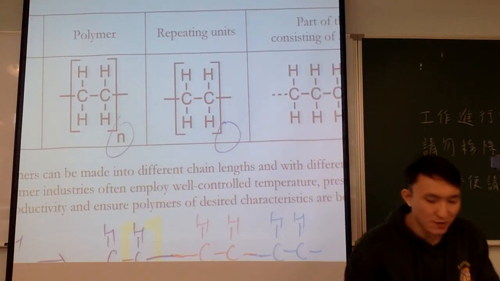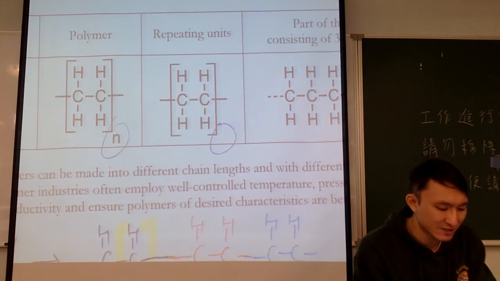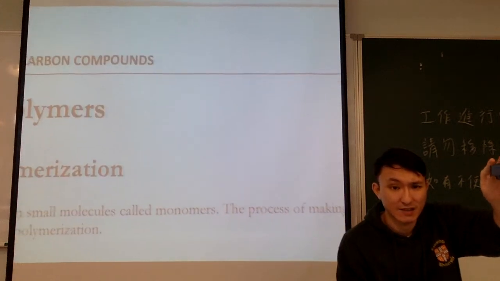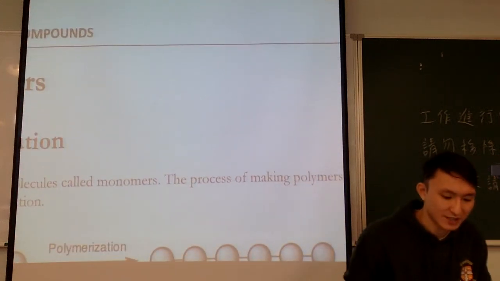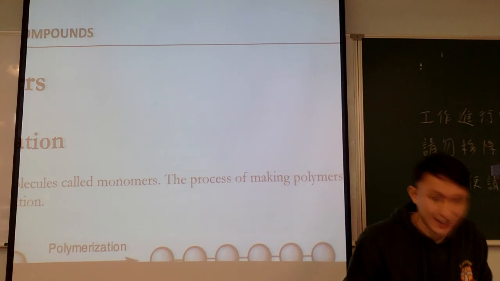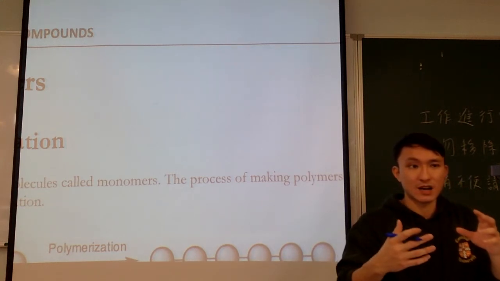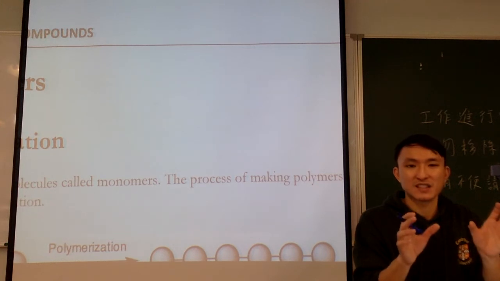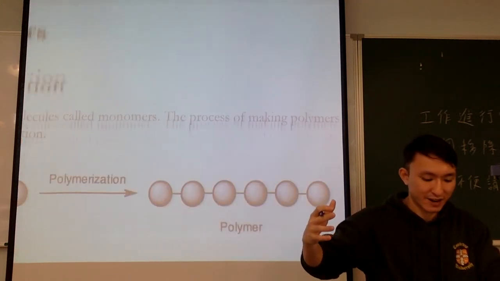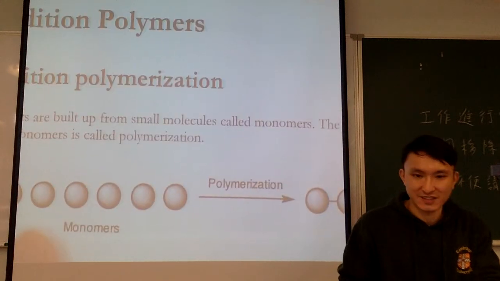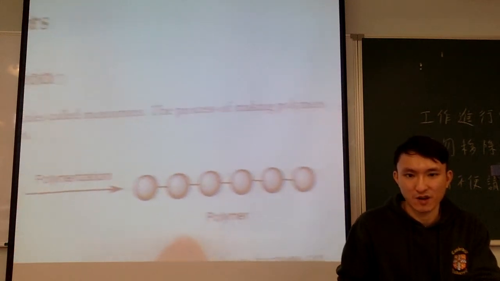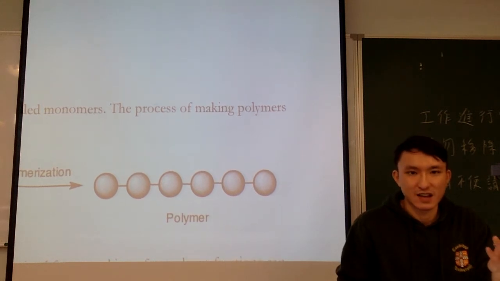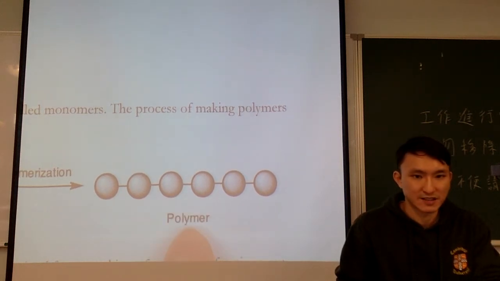Now, before I move on, there's one question, or actually, I did talk about that just now. So the question is, like I said, it's quite difficult to know precisely how long the polymer is, right? It's not just like 6 monomers joined together to form a polymer with 6 repeating units. It's not like 100% every polymer molecule is like this.